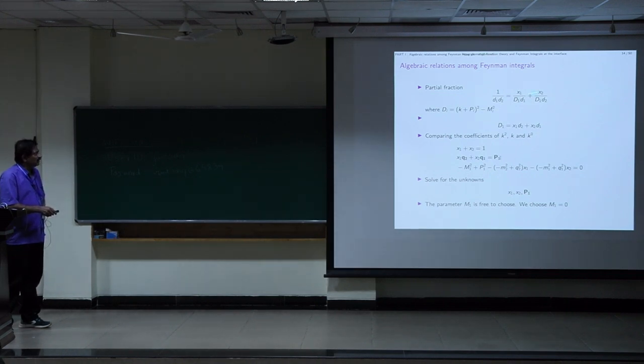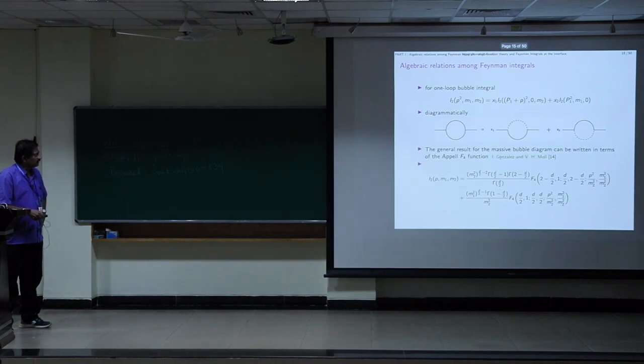On the right-hand side, you have a sum of Feynman diagrams. And the hope is that on the right-hand side, you may find some simpler objects compared to what you have on the left-hand side. So this also is a fairly complicated problem how to do this. But we have done it, and we have also automated this in this program that is known as AlgRel, where we have found a way in which we can systematically and recursively solve for such things.